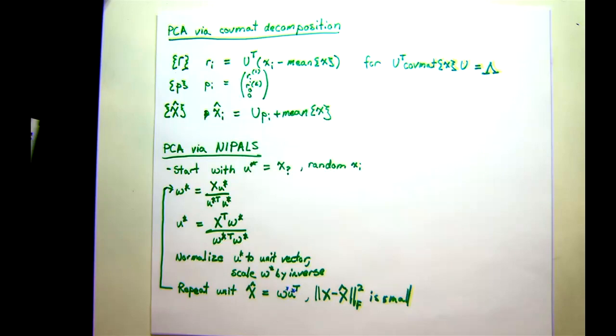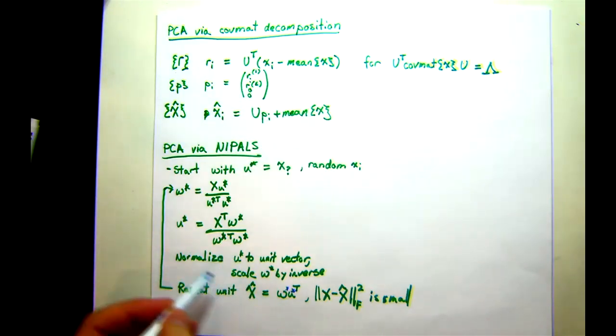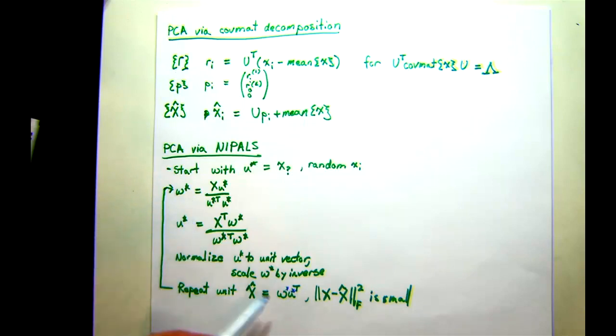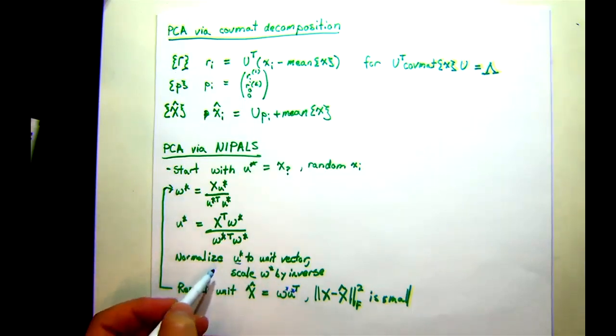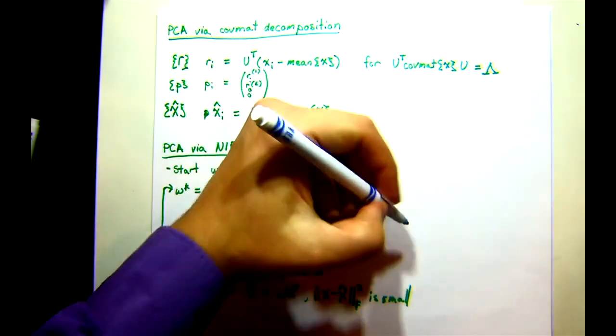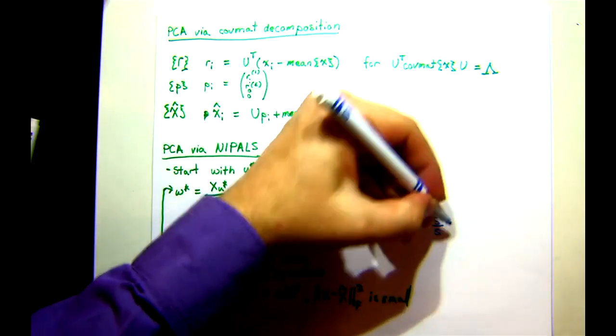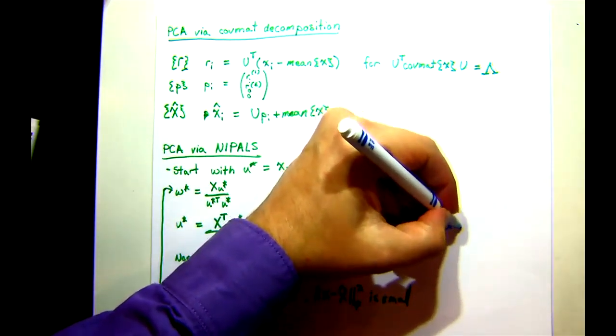I'm sorry, what does scale W star by inverse mean? Where do we ever take the inverse? Oh, this guy. You're going to scale U by some scalar S, and you would scale W by 1 over S. Oh, because when we normalize U. Yeah, they have to be. You're going to multiply them in a second. W U transpose is equal to S over S times W U transpose.